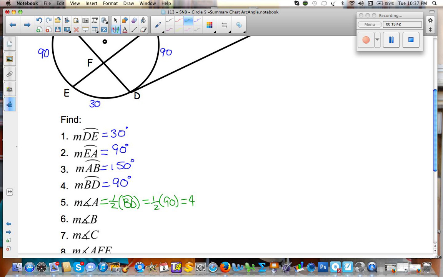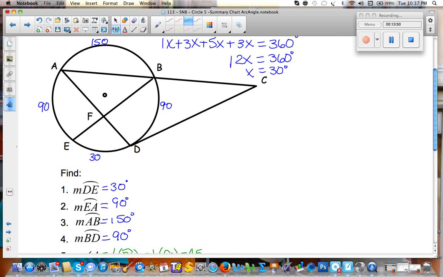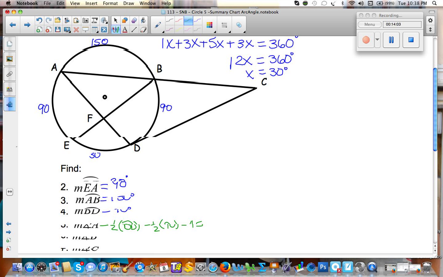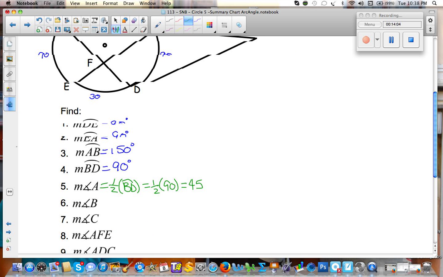Okay, we need to find next the measure of angle B. Well, the measure of angle B is another inscribed angle, right here. So we're going to take half of its intercepted arc, and it also happens to have an arc of 90, so it's going to look pretty much just like A. We'll do it in a different color so we can see it a little differently.